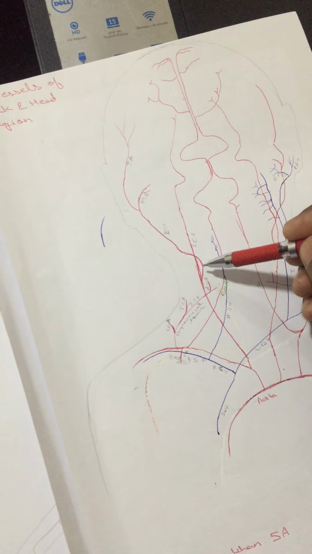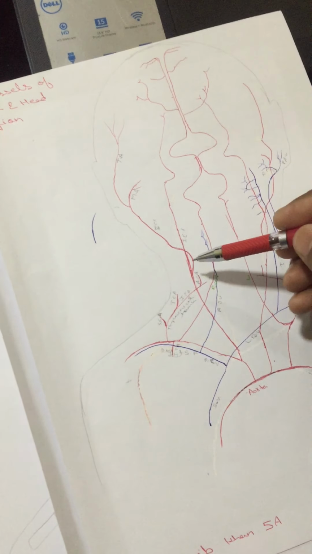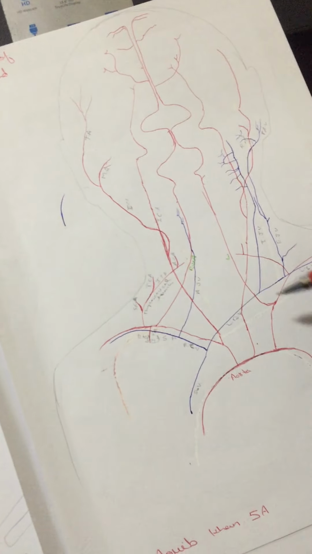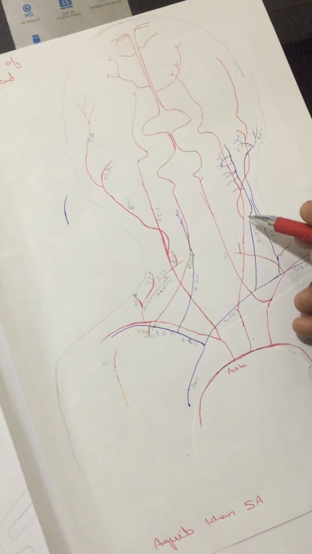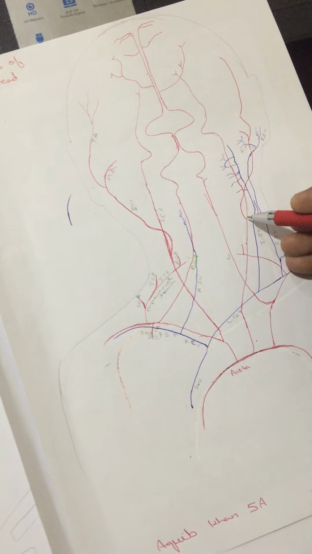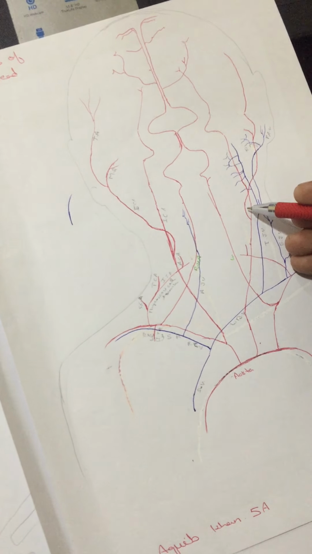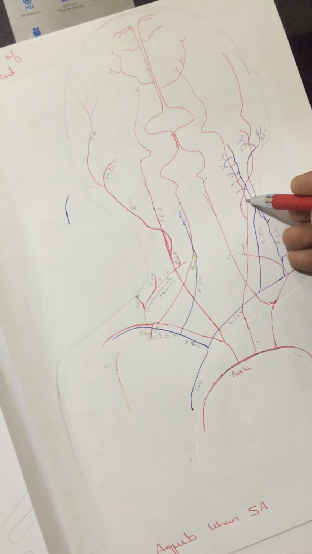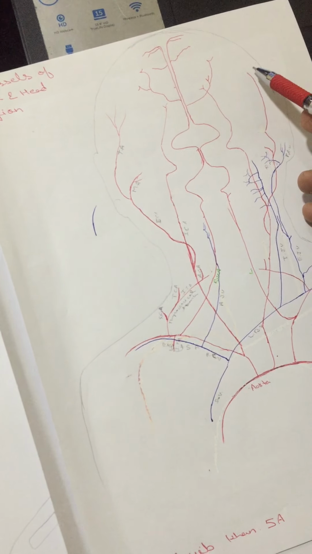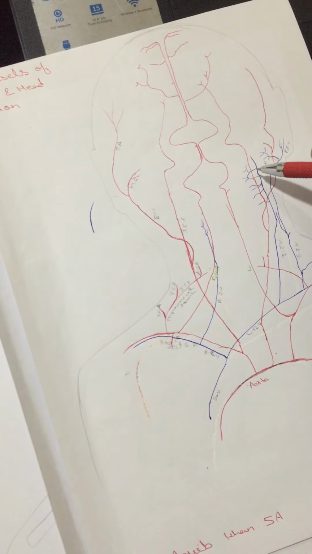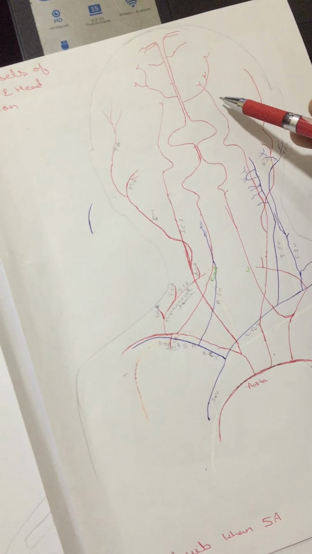As we talked about the right common carotid artery, the same things happen with the left common carotid artery. It bifurcates at the carotid triangle into two, external and internal. External supplies the face and skull, and the internal carotid artery supplies the head.